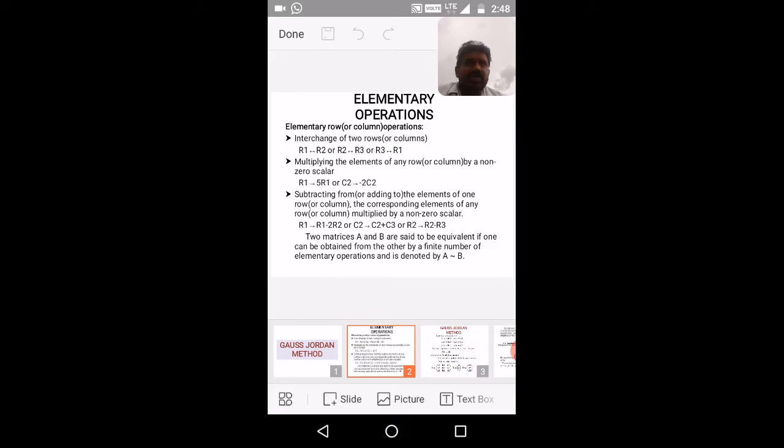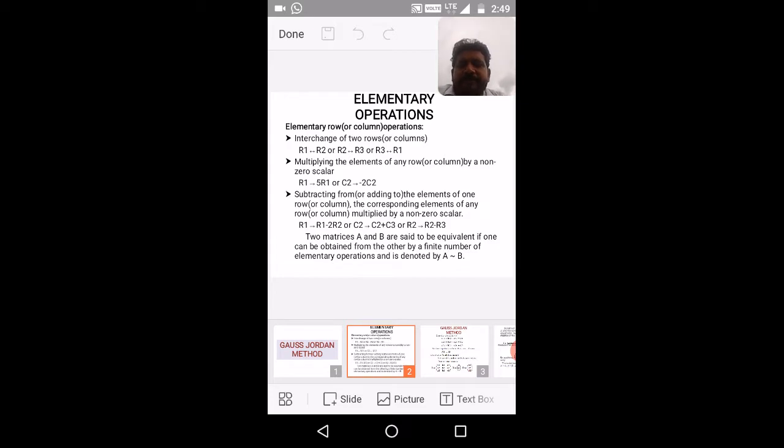When we say the matrix capital A is similar to capital B, the two matrices A and B are said to be equivalent if one can be obtained from the other by a finite number of elementary operations, denoted by A similar to B. Suppose you are given a matrix, say capital A. By applying some elementary row operations or elementary column operations, finally you get another matrix, say B. Then those two, A and B, are called similar matrices. That is the relation between A and B.